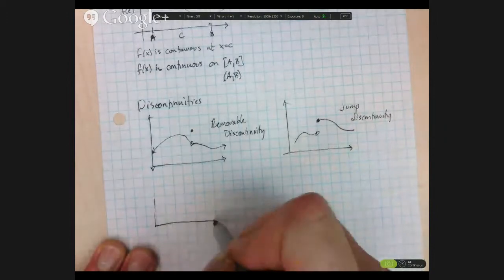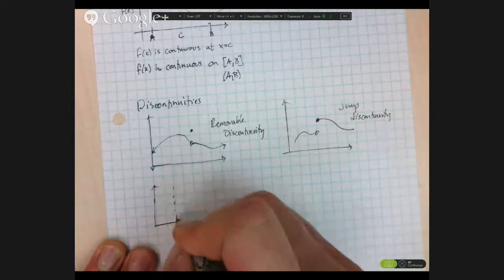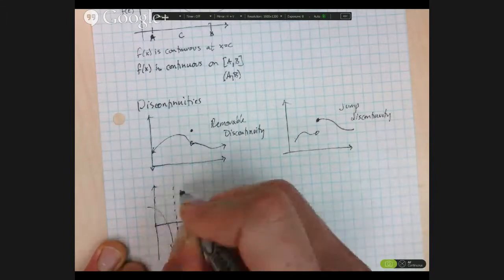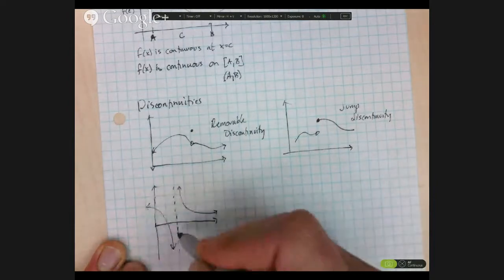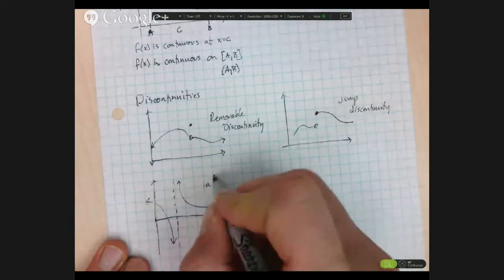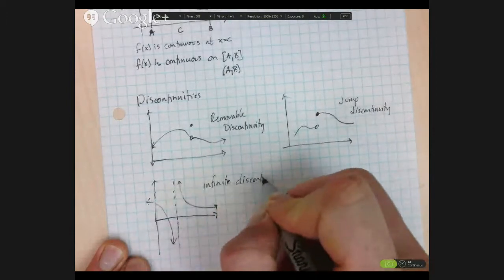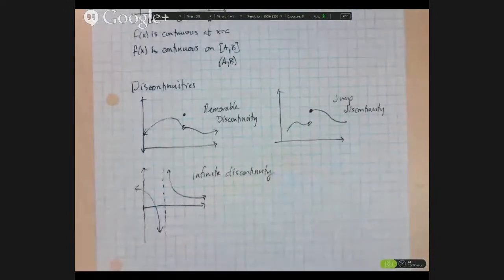We also have an asymptote. Okay, obviously they're not continuous. This is called an infinite discontinuity. All right, so several different types of discontinuities.